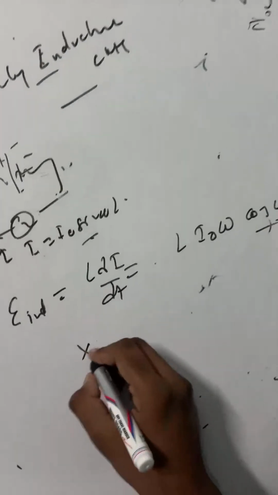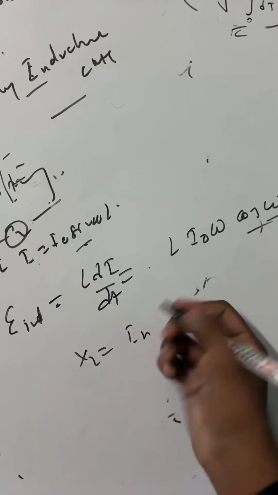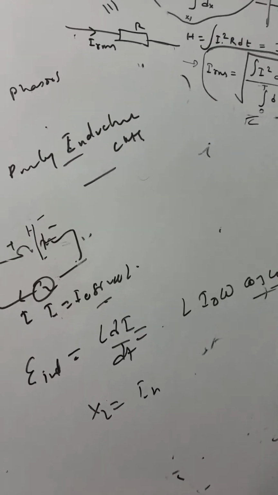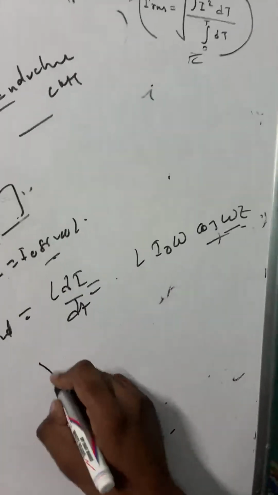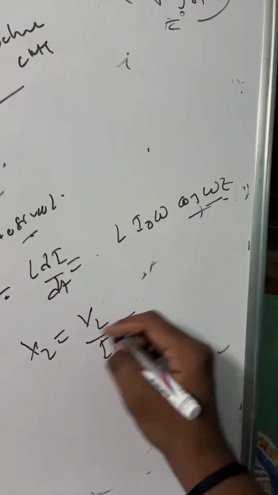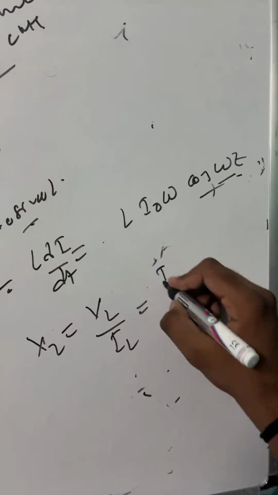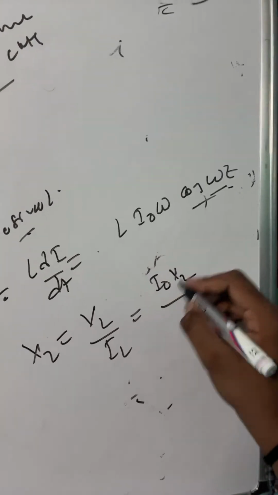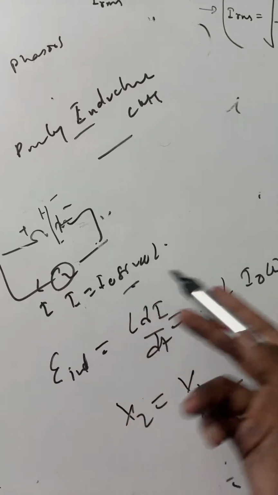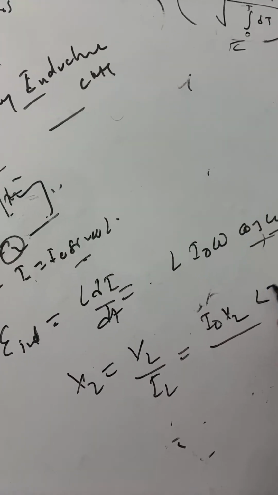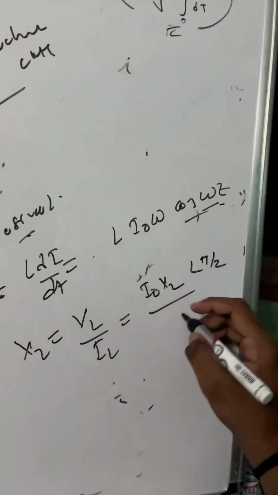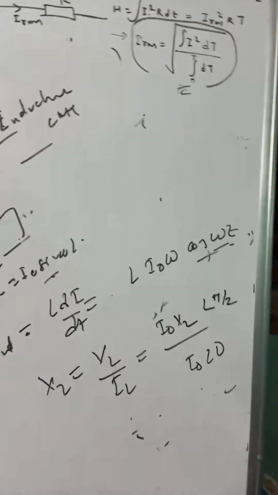So here XL will be the inductive reactance, or the complex impedance, you can say. Here XL will be VL by IL, V naught's phase will be pi by 2, IL is I naught angle 0.